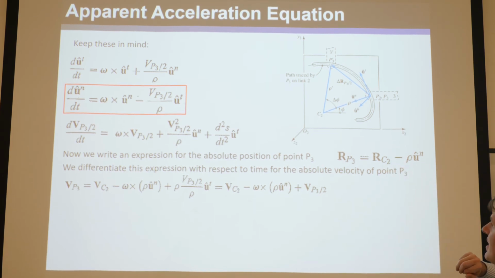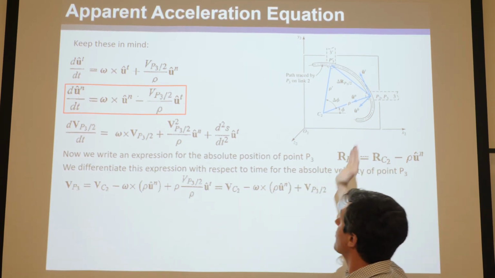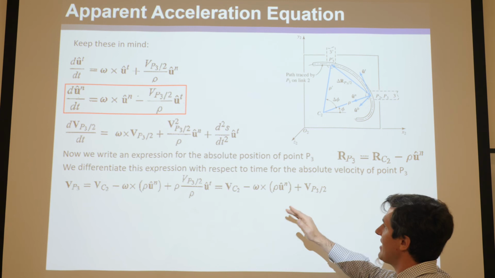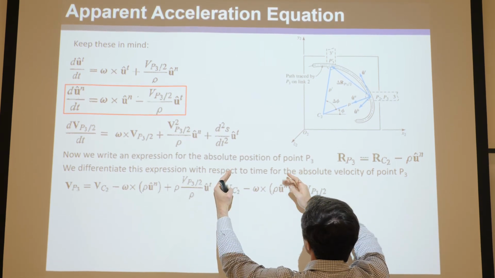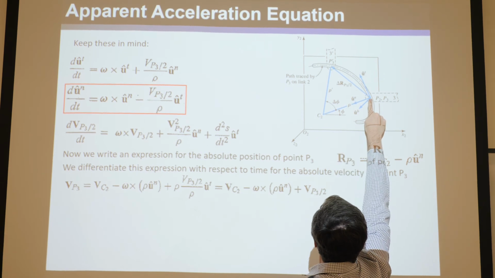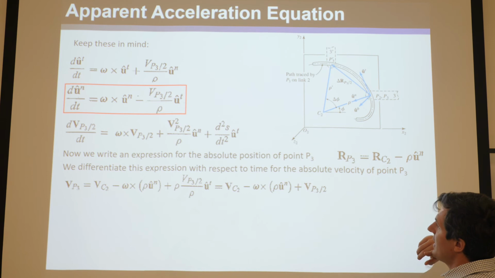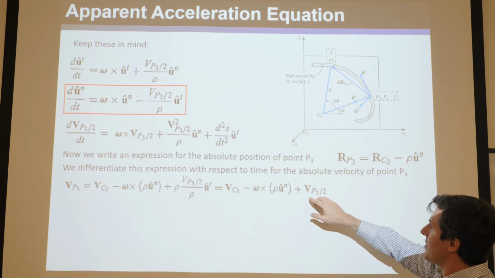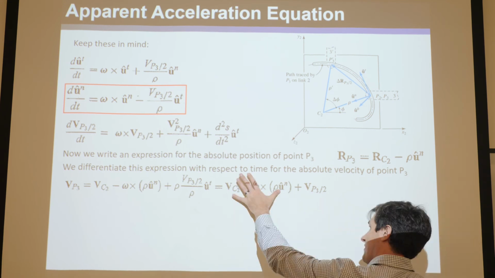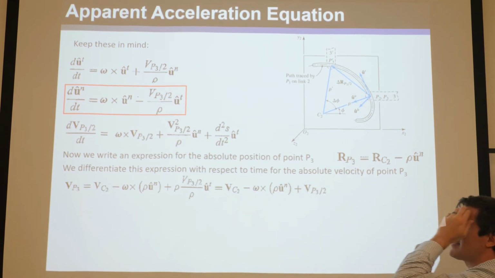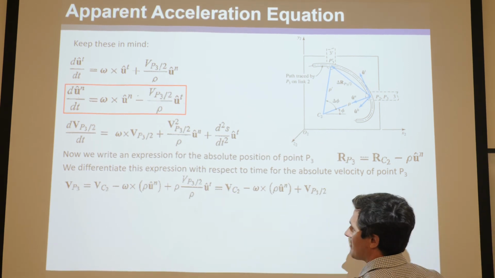And then you take the derivative with respect to time to get the absolute velocity of P3, and you end up finding the velocity difference equation in here to get VP2, the absolute velocity of P2, and then you have to add it to the apparent velocity of P3 with respect to 2. So there's the velocity difference equation here and apparent velocity stuff in there. But the bottom line, VP3 equals this. You can trust me with that.